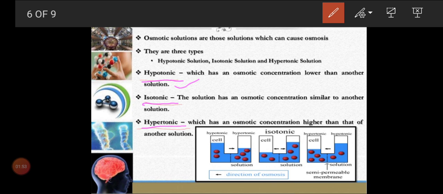Coming to hypotonic: if you take a glass of water and add only one teaspoon of sugar or salt, meaning you are adding less solute, that solution is called a hypotonic solution. A hypotonic solution contains less solute.